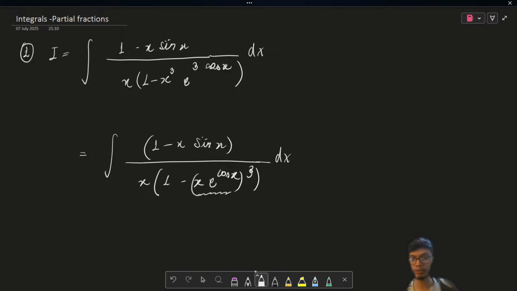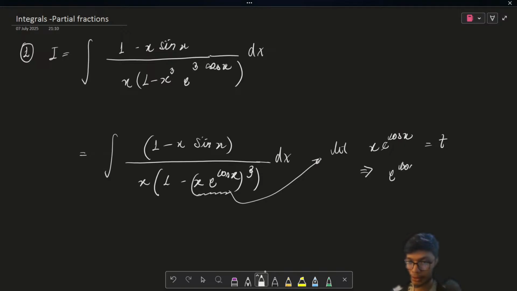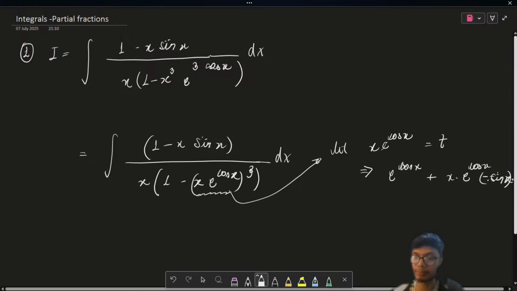So if we assume this particular term as some variable t, so let x e to the power cos x be some variable t, and then differentiate both the sides. It's going to be like e to the power cos x plus x times e to the power cos x multiplied with minus of sine x by chain rule, right?